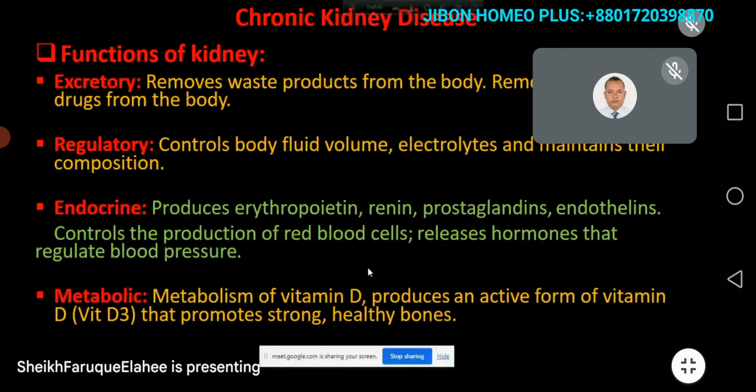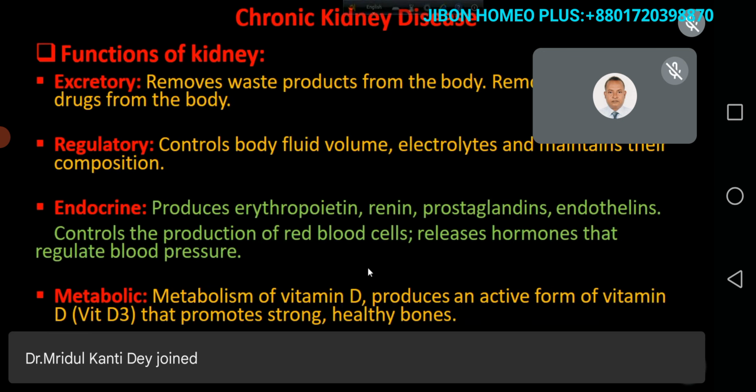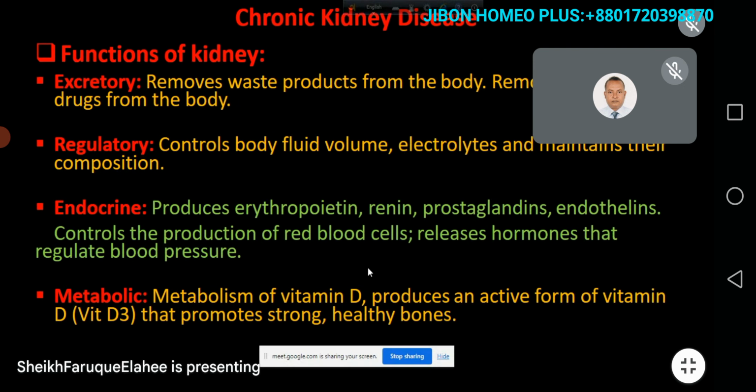If you sit for some time in the sunlight, sunlight will fall on your skin and will activate the precursor vitamin D to vitamin D1. Now this vitamin D1 will go to liver and liver will activate it to vitamin D2, and this vitamin D2 from liver will go to kidney and then kidney will activate it to vitamin D3.